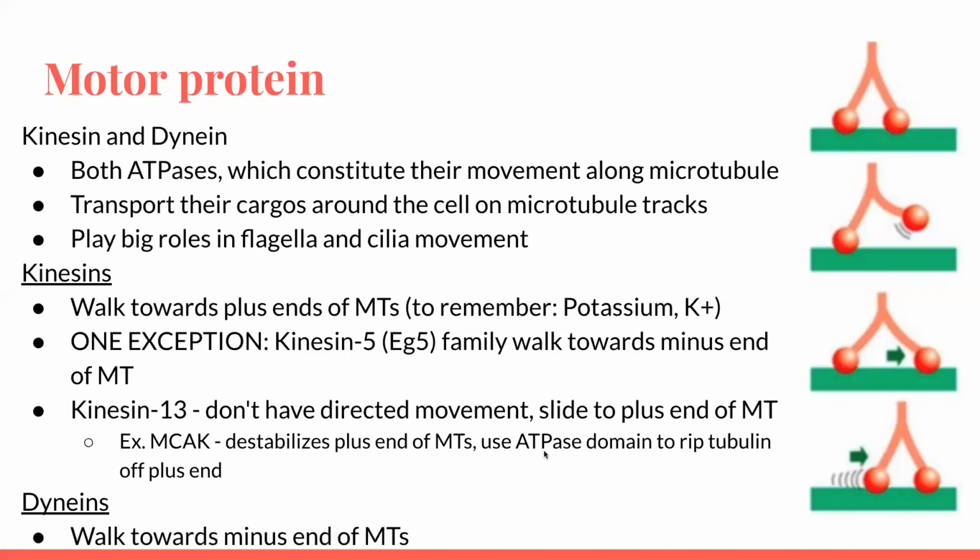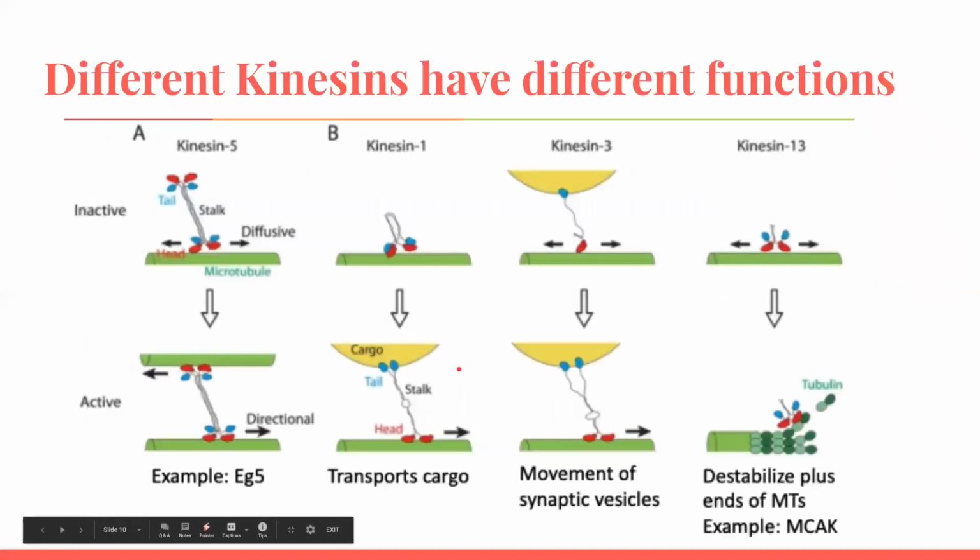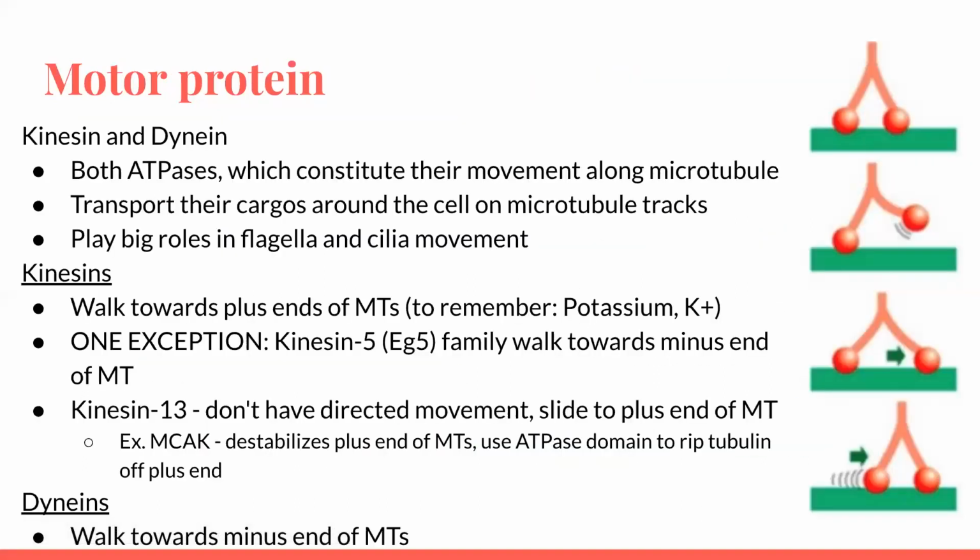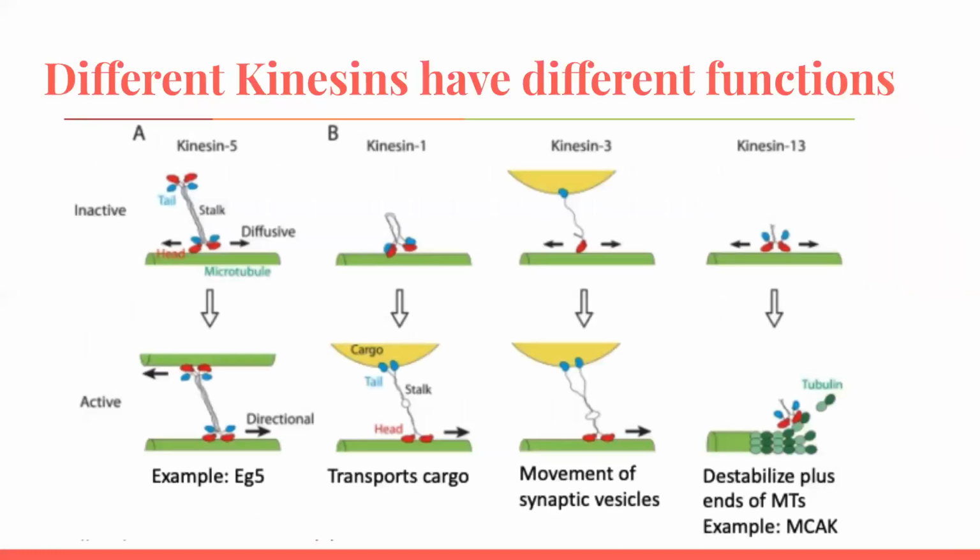She goes a little into more detail about the families. I don't know, because when I took her class, we didn't have to know the specific families. We knew like kinesin 1, kinesin 3, kinesin 13. That's not on the next slide, is it, Jason? Oh, okay, it is.